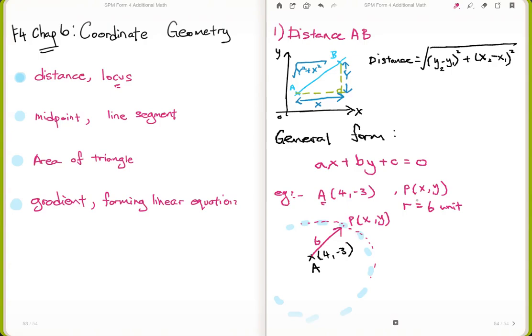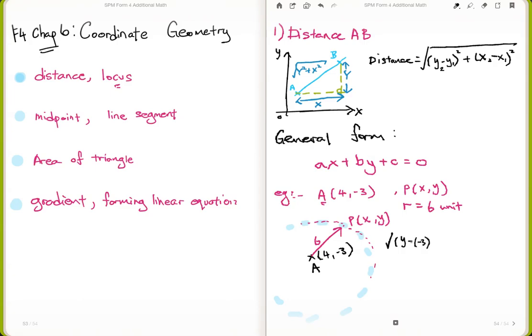All you need to do is apply the equation here, and you should get the answer. So that will be the square root of the sum, you may use this as my y2, so y minus negative 3.